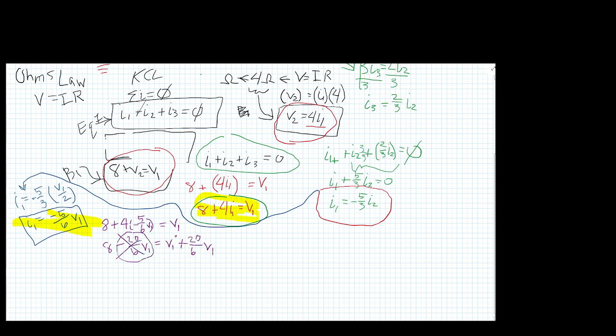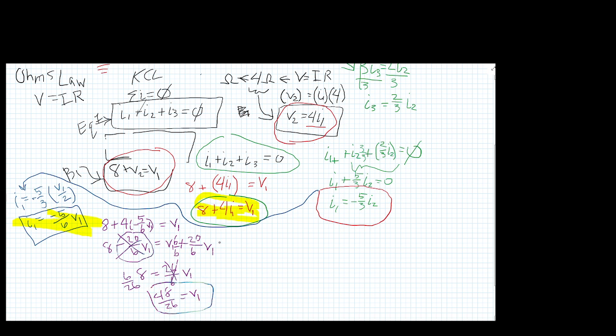Now we multiply by 6 over 6 to get a common denominator, and we're left with 8 equals 20 plus 6, 26 over 6 V sub 1. Okay, multiply both sides by 6 over 26. And this goes to 1, and we're left with 48 divided by 26 equals V sub 1.